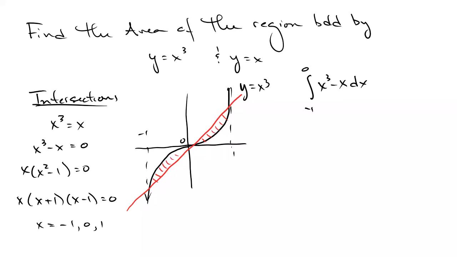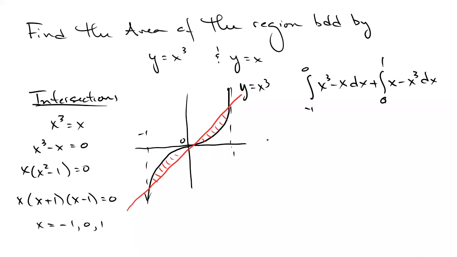In the other region, we're looking at the integral from 0 to 1 of the topmost function, which is now this red graph, or just x, and the bottommost will be x cubed, dx.